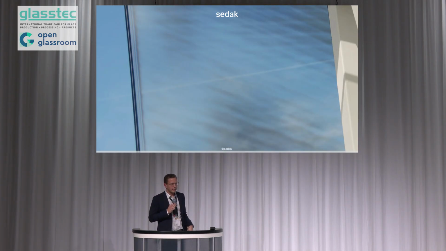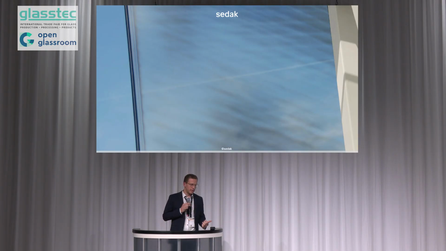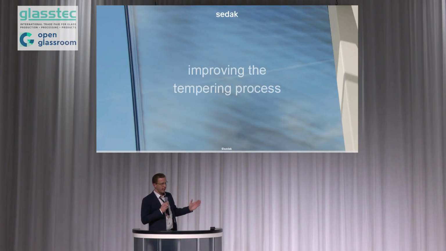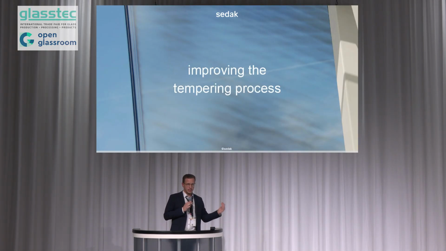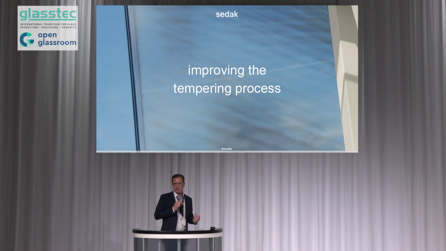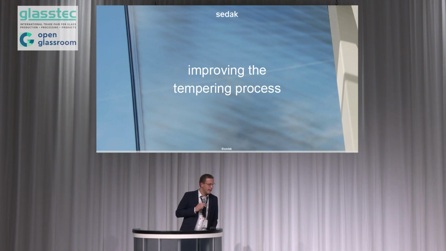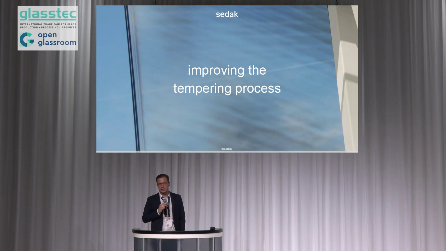Therefore, we say at Sedak, we try to improve the tempering process. Over years, we gave full power into this improvement to avoid anisotropies, and we invented a new tempering technology that allows for the tempering of the glass without visible anisotropies.